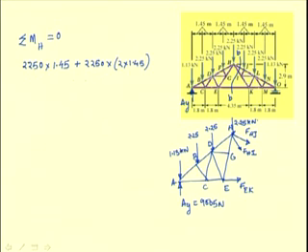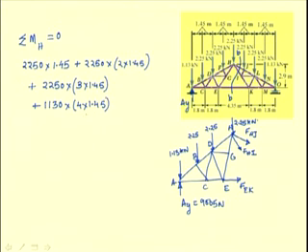Again this is a counterclockwise moment, plus the moment of the force at joint B, which is again 2250, and the moment arm is 3 into 1.45 meters, plus 1130 times 4 into 1.45, again counterclockwise.